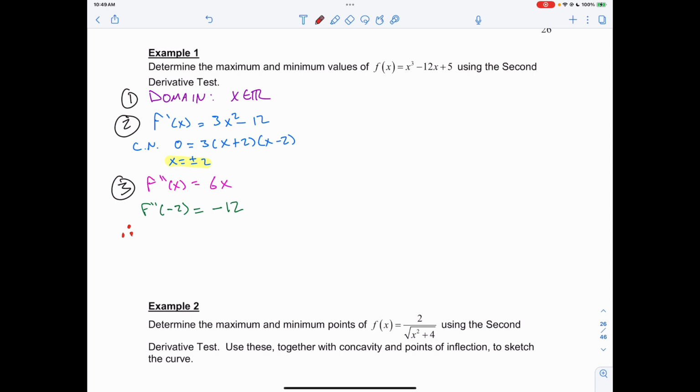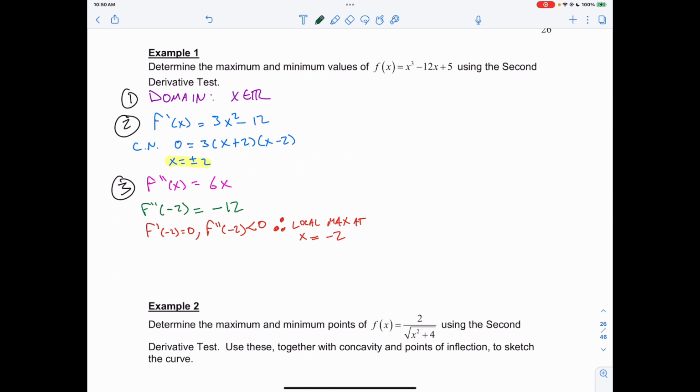And I can see that for the first critical number, f prime of negative 2 was equal to 0, and f double prime of negative 2 was less than 0, which means there was a local max at x is equal to negative 2. It's going to be concave downwards, and it's going to have a slope of 0, local max.